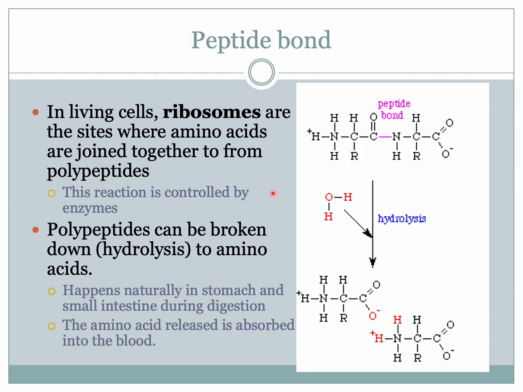This reaction is controlled by different enzymes. Polypeptides can be broken down by hydrolysis to amino acids. This happens naturally in the stomach and small intestines during digestion. The amino acid released is absorbed into the blood.